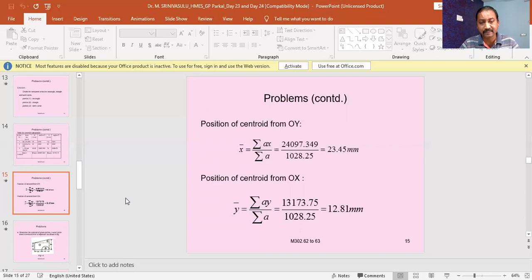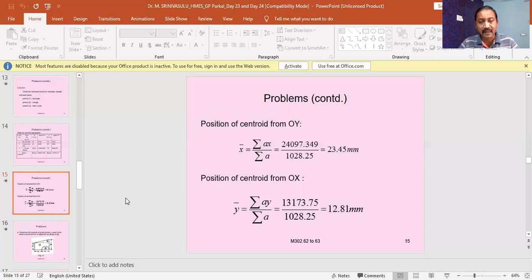Now coming to the y coordinate, that is the distance of the centroid from the x-axis. Y bar is equal to sigma ay by sigma a. It is equal to 13173.75 by 1028.25. So it is equal to 12.81 millimeters.